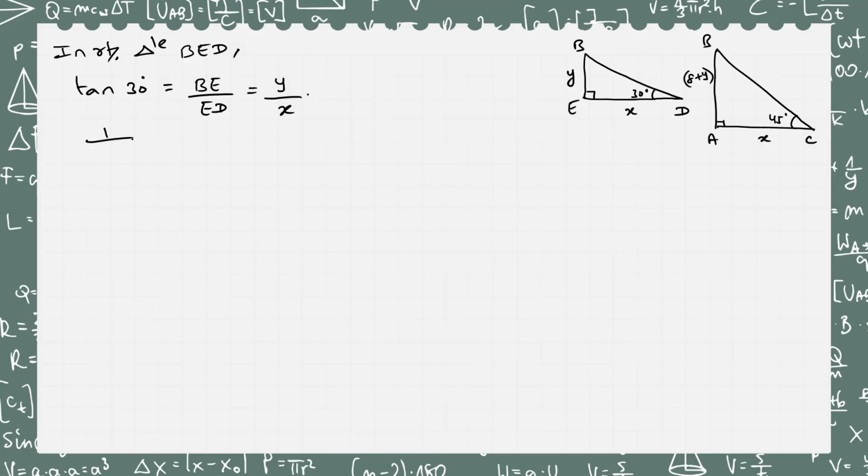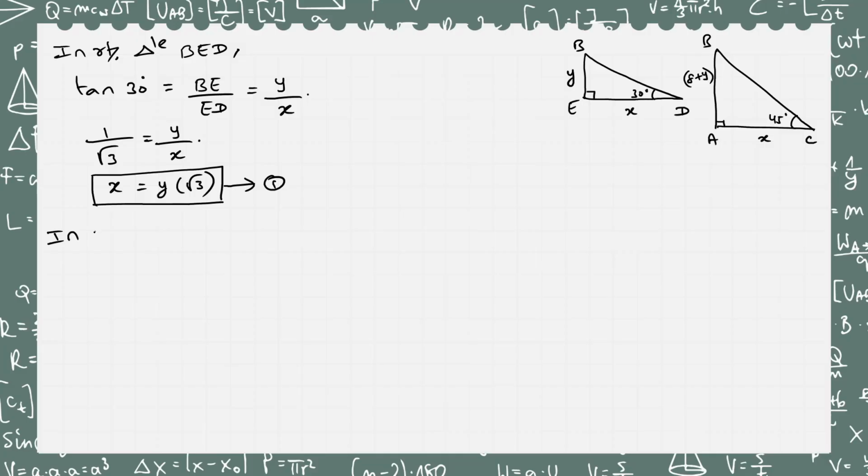Tan 30's value is 1 by root 3. So 1 by root 3 equals y by x. When we cross multiply, we get x equals y into root 3. This we are going to reserve for future use. We are calling this equation 1.